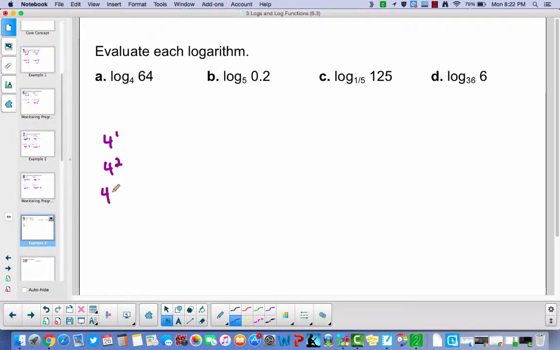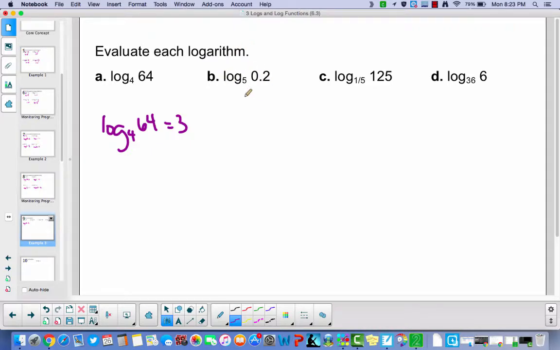You can try 4 to the third power. When you get to it, you realize that 4 to the third power is 64. So what is log base 4 of, excuse me, of 64? It's 3. Because what this is looking for is the exponent. It says 4 to what power is 64?